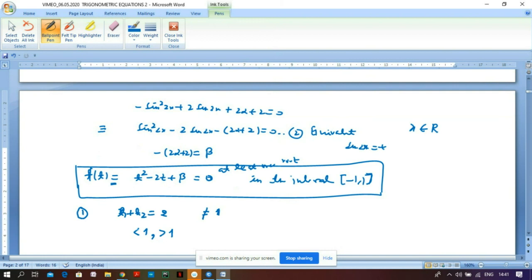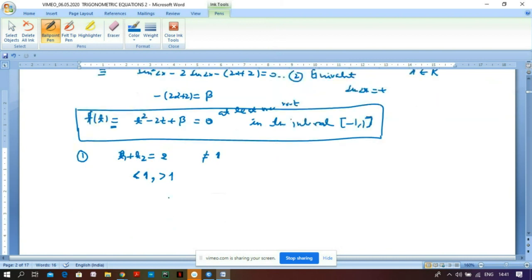So the root that is greater than 1 will not work for us, because you want at least one. So both is not required. It means we can say that in -1, 1, it can never happen that it has both roots.